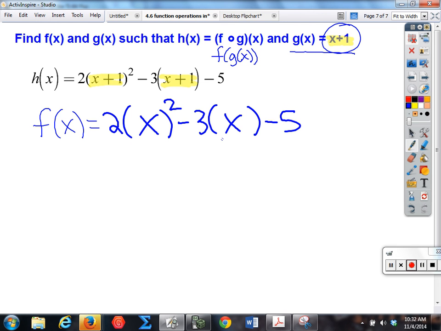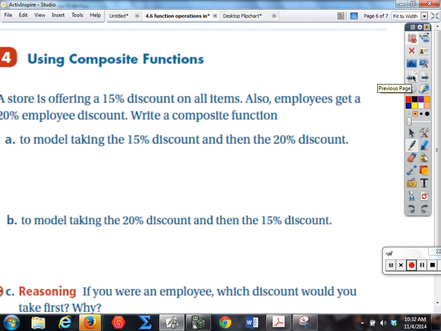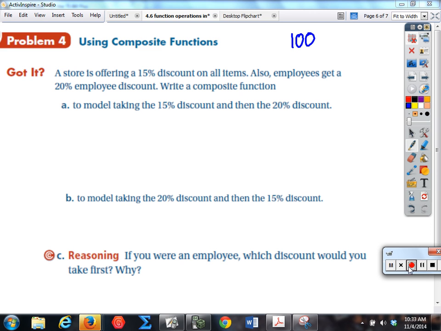Okay, let's look back at this one. And I want to take the 15% discount first. What am I going to pay if I do the 15% discount first? How much do you pay if you take 15% off of 100? $85, right? And then I take off 20%. What is 20% off of 85?